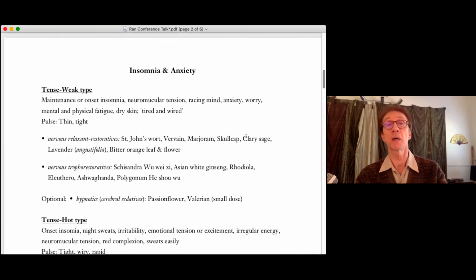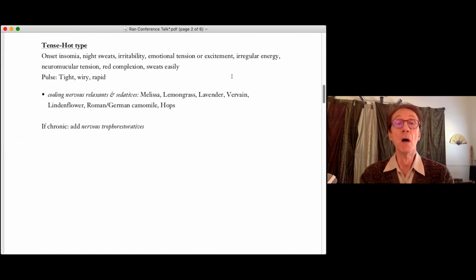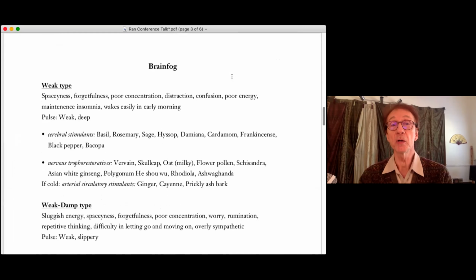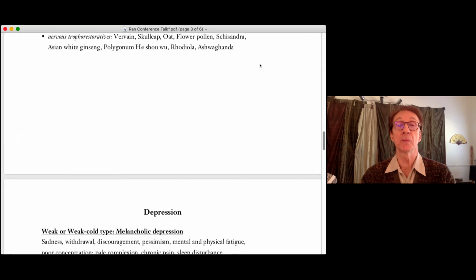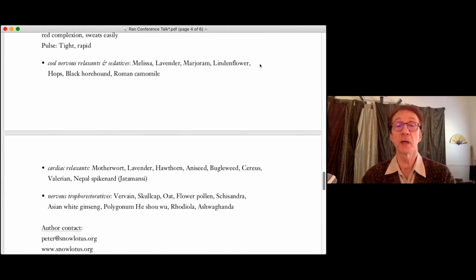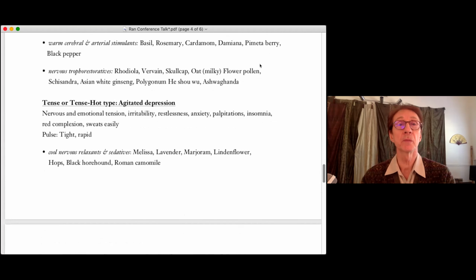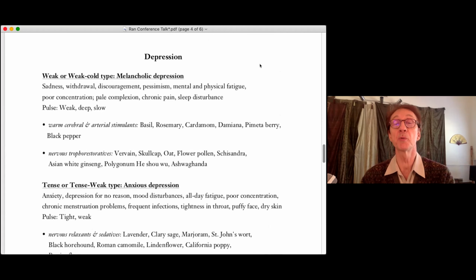So I want to look at insomnia and anxiety together because they're often combined. Brain fog, inability to think clearly. Depression, which is a very complex condition. And anxiety, no, we covered anxiety already.